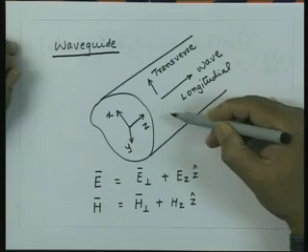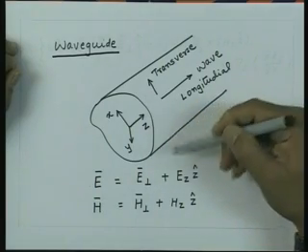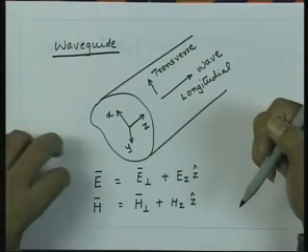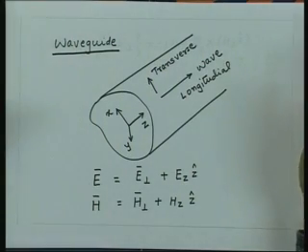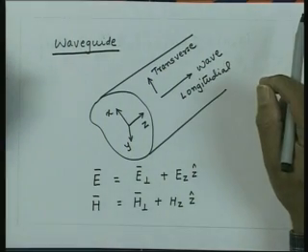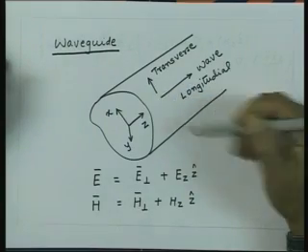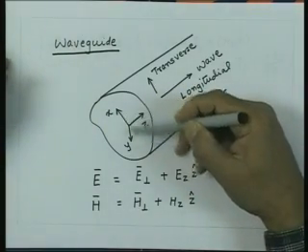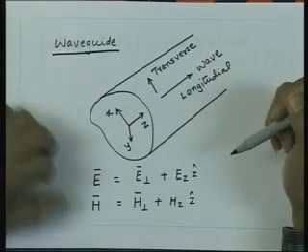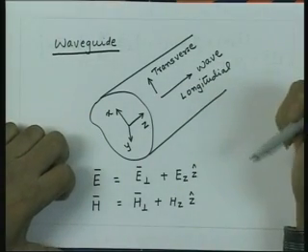We also know that since the 6 components of the electric and magnetic fields are related through Maxwell's equations, all the 6 components are not independent. So, we can choose 2 of the components as independent components and represent the remaining 4 components in terms of these 2 components by using Maxwell's equations.